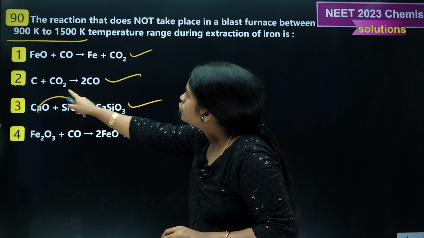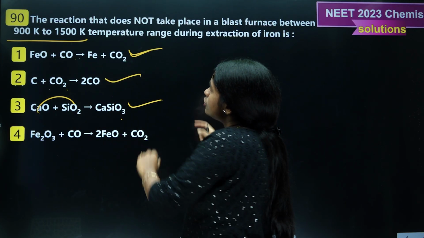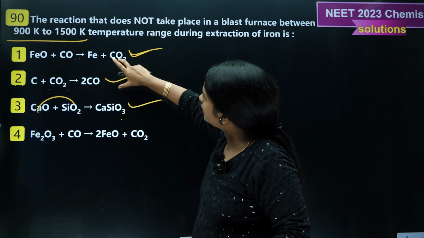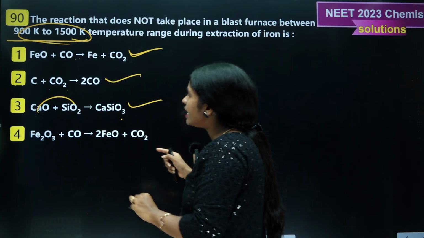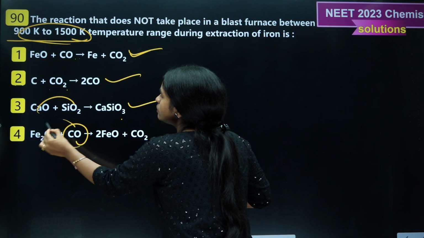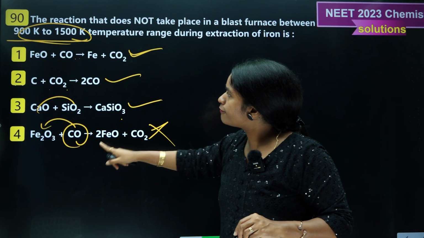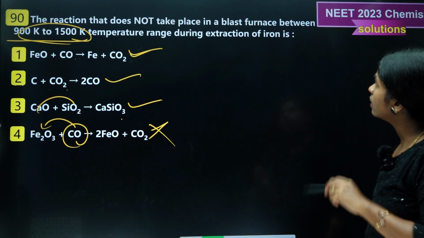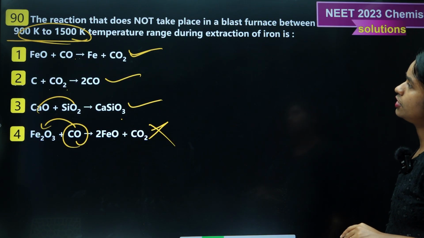This is a zone of reduction, this is a zone of fusion, correct? So all these reactions take place in this temperature region, whereas Fe2O3 won't take place at this temperature region. So option number 4 is a reaction which is not taking place at that particular temperature.